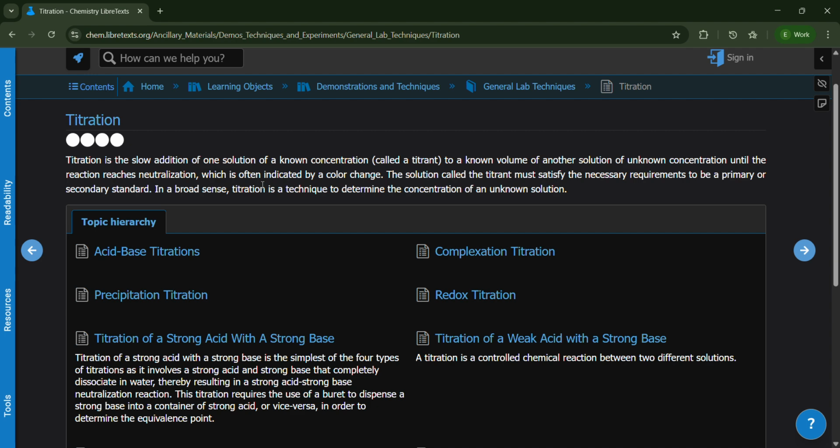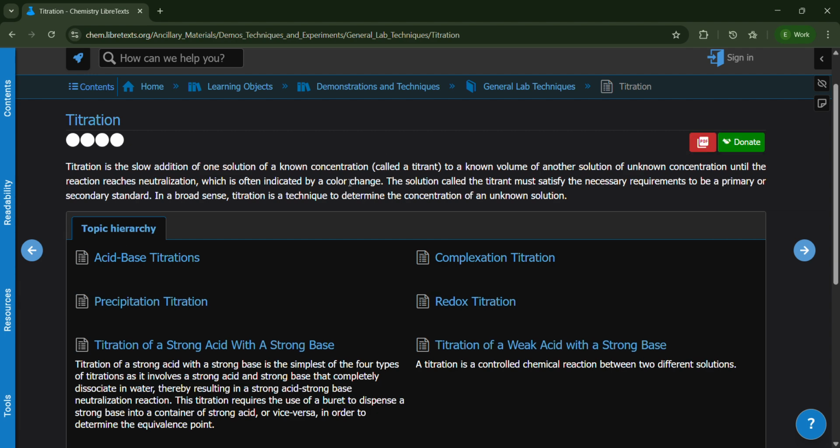Titration is the slow addition of one solution of a known concentration, called the titrant, to a known volume of another solution of unknown concentration until the reaction reaches neutralization, which is often indicated by a color change. The titrant must satisfy the necessary requirements to be a primary or secondary standard. In a broader sense, titration is a technique to determine the concentration of an unknown solution.